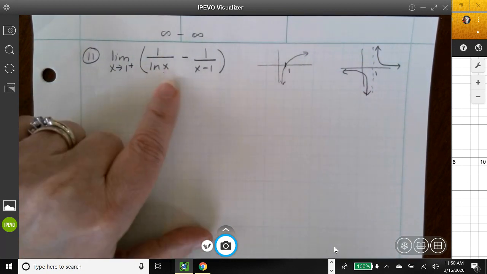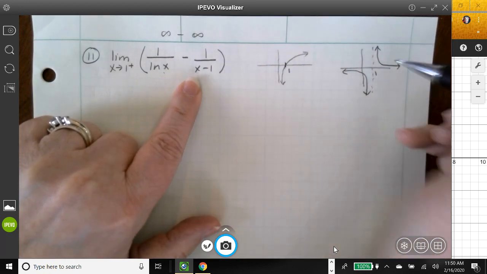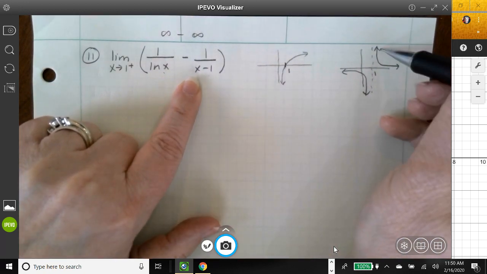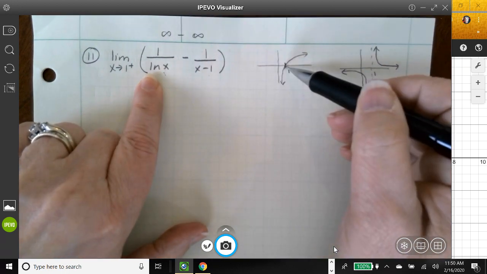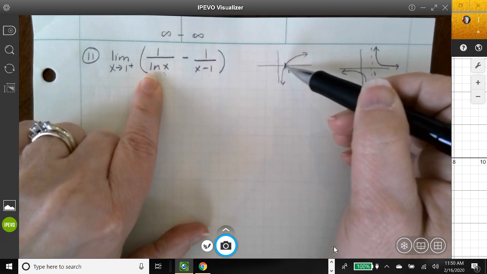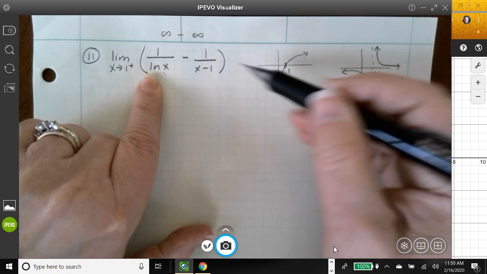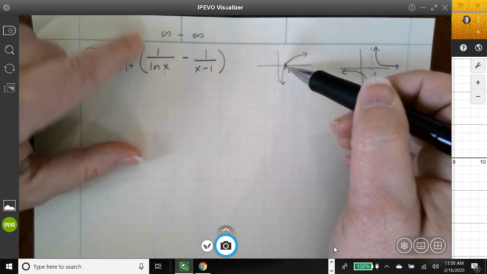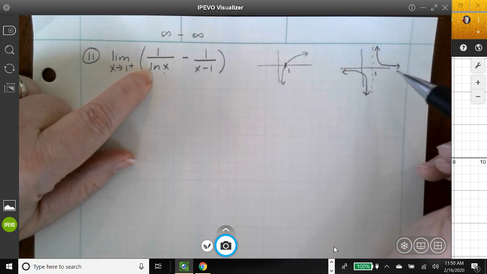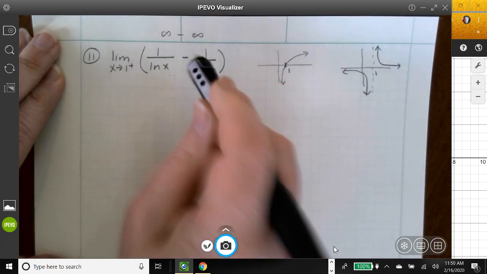But this is actually infinity minus infinity, because this one's easier to see, that it's going to infinity here. This one is harder to see because the log is approaching 0 from the positive side, right? It's the natural log of 1, right? It's approaching 1, but the denominator is approaching 0 from the positive side, which is actually infinity. So anyway, moving right along.